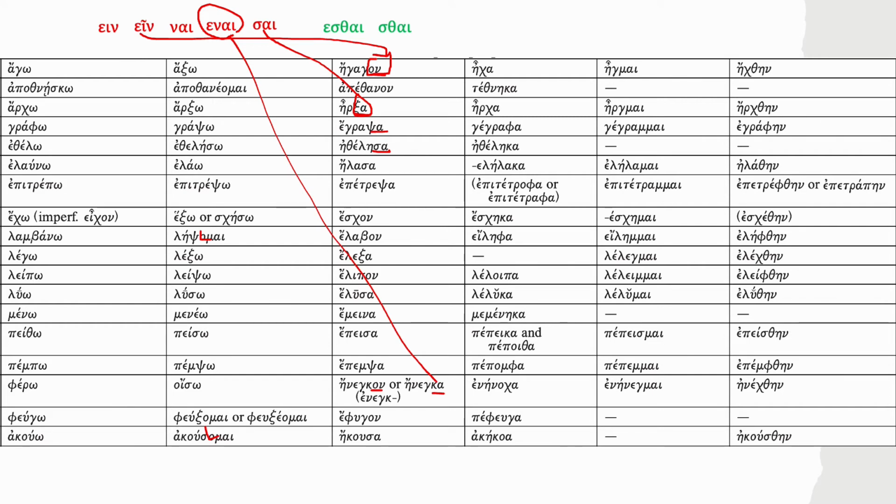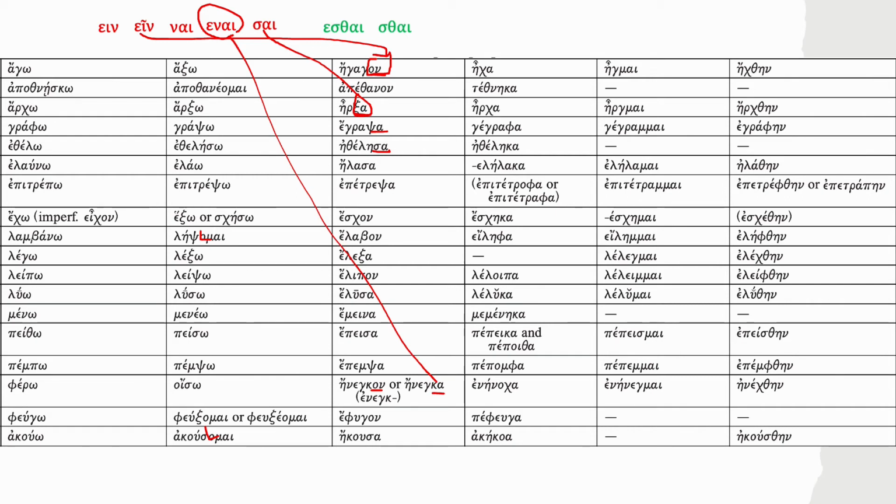Now that takes us to the perfect, because the infinitive for the perfect will be kenai, and then again implied kappas. You're also getting rid of augments. No, actually this is a duplication, so you don't have to worry about these here.